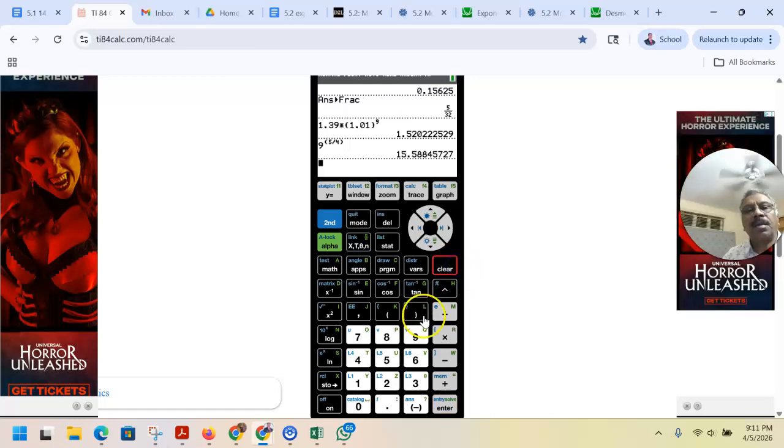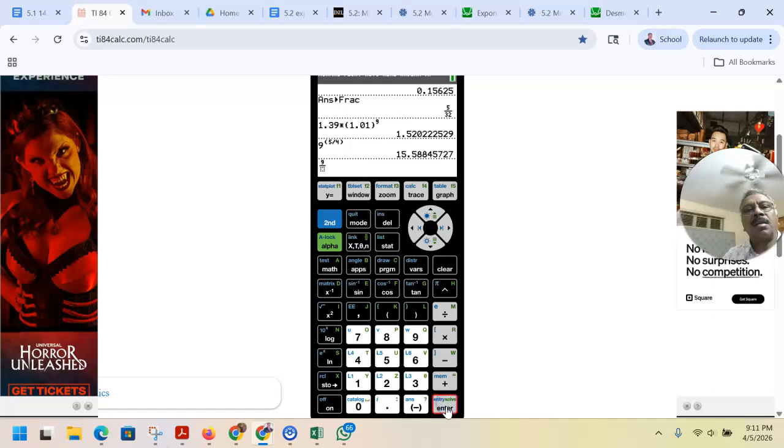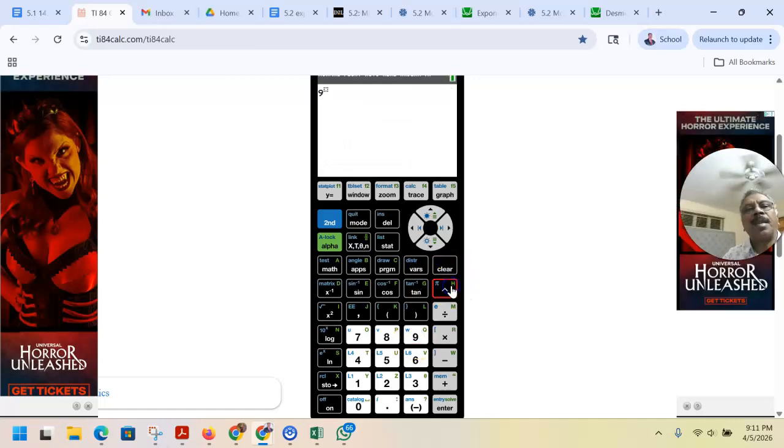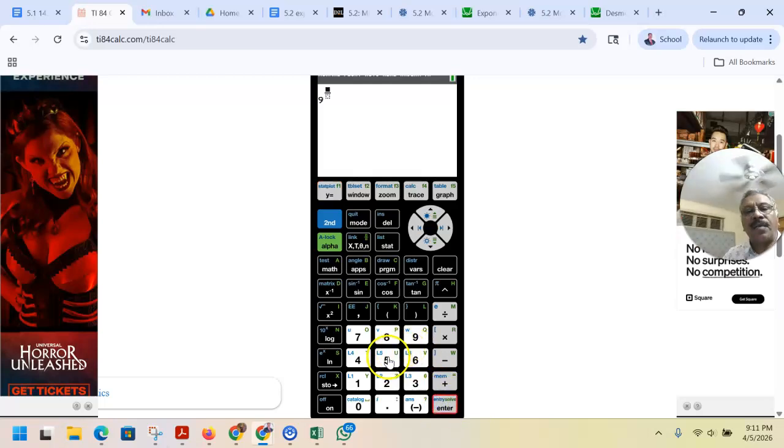I have to type 9, go up, use the fraction template and put 5, go down, put a 4.